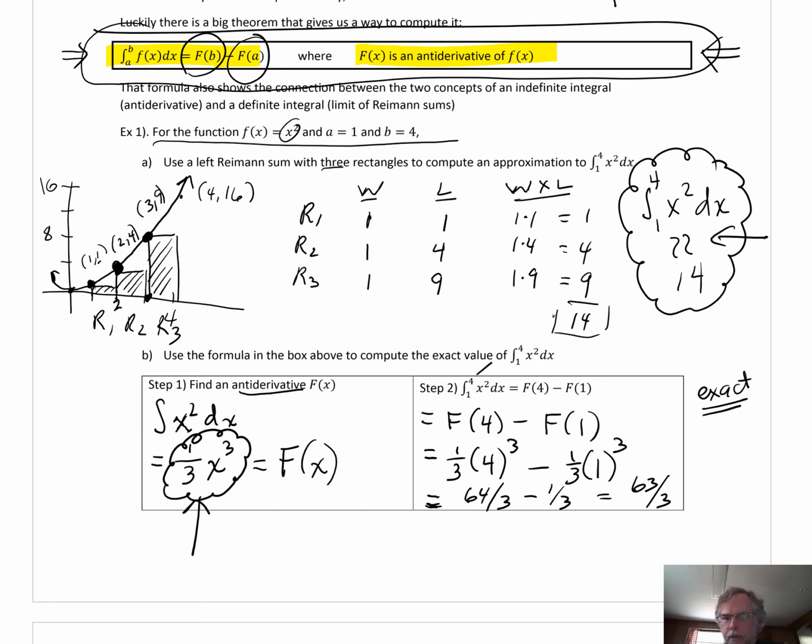So 63 divided by 3 would be 21. I'll run out of the box here, but it's okay. I'm going to just put it down below here, kind of in contrast with this up here. 14 is approximately the answer to the definite integral. Now we know the integral from 1 to 4 of x squared dx is exactly equal to 21.